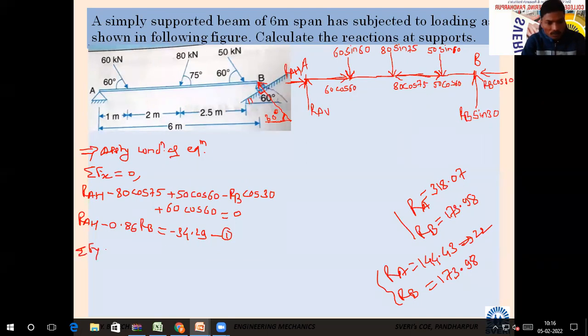summation Fy equal to 0. Tell me now, what will that be? RAV, which is going upward.